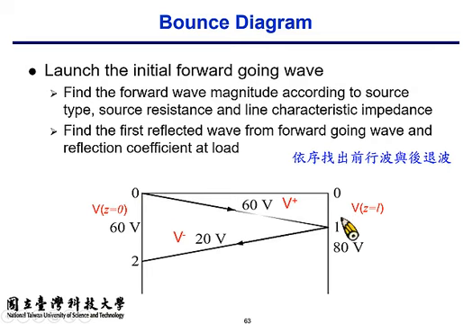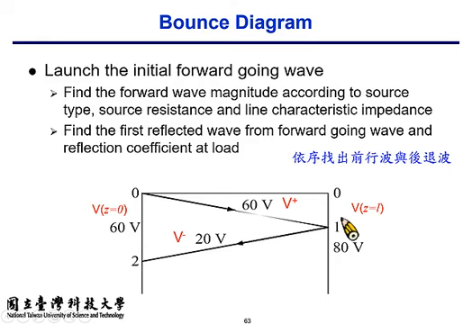As the figure suggests, at t equal to 0, as the time progresses, the V plus signal goes from left to right. And at the time instant of 1 microsecond, which is the propagation delay of this section of transmission line, the V plus signal reaches the right end.